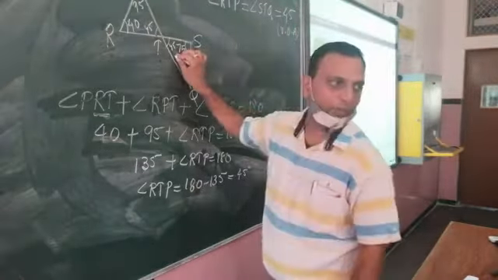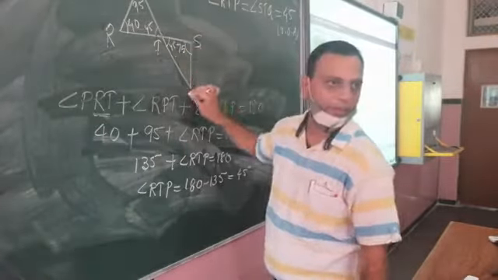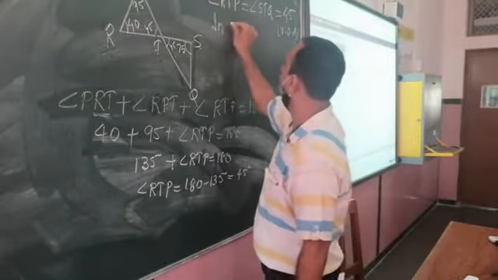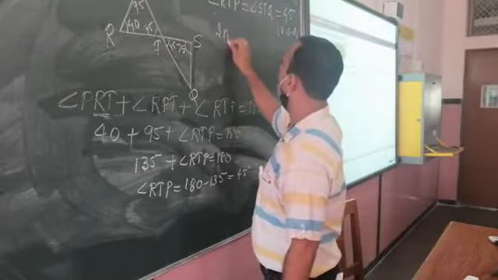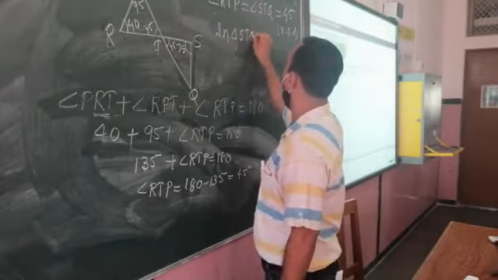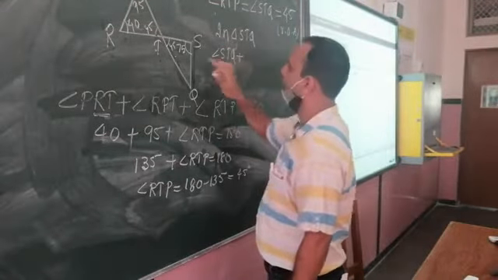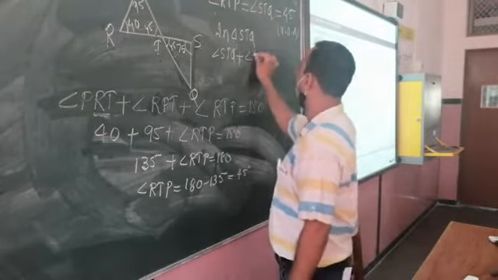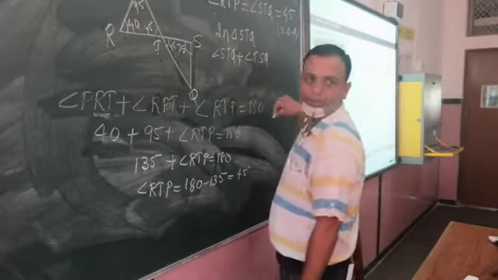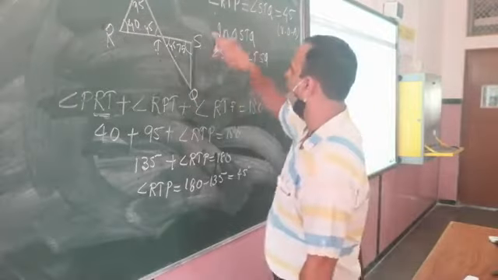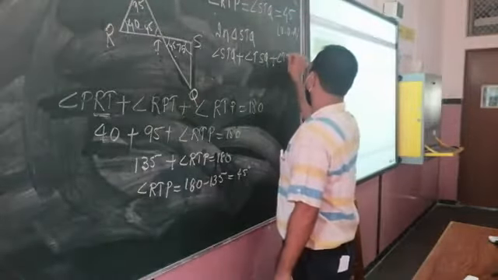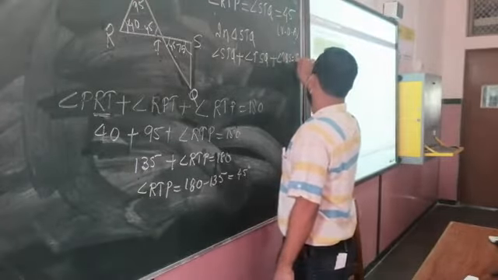Now this 45 we got. Now we take the angle STQ in the triangle. Which triangle? STQ. So here STQ equals 45. This is the 75. The name of the 75 is TSQ. And here TQS. Equal to how much?